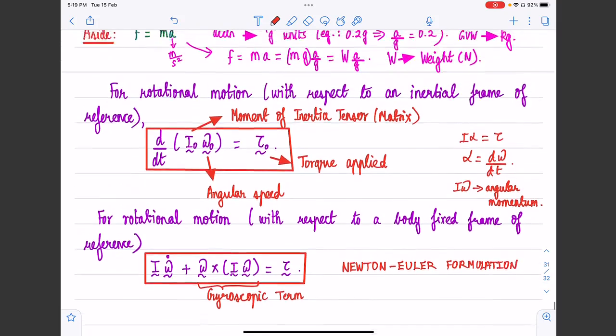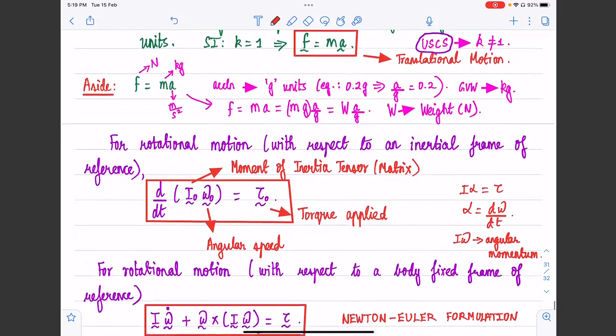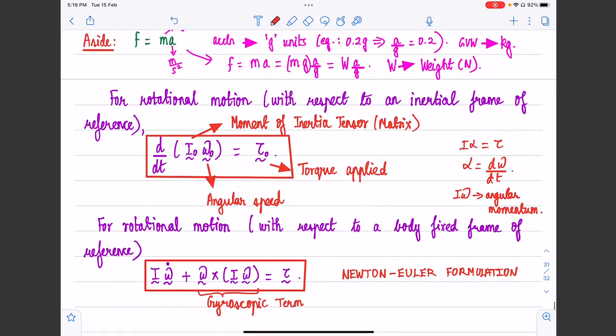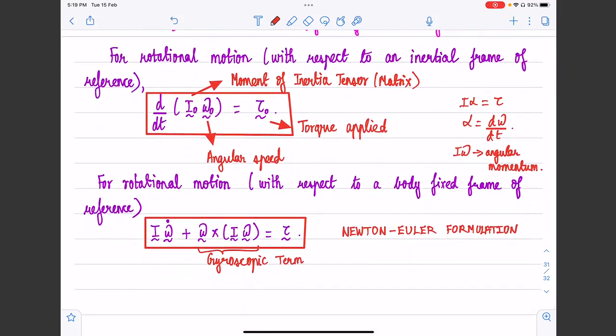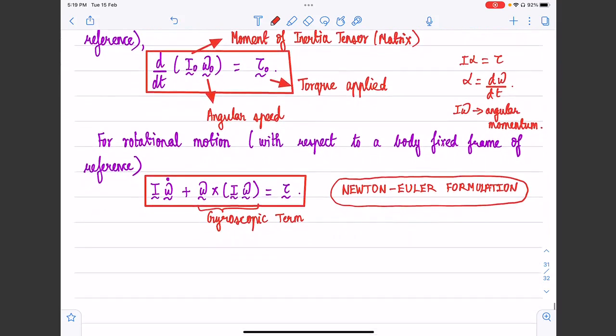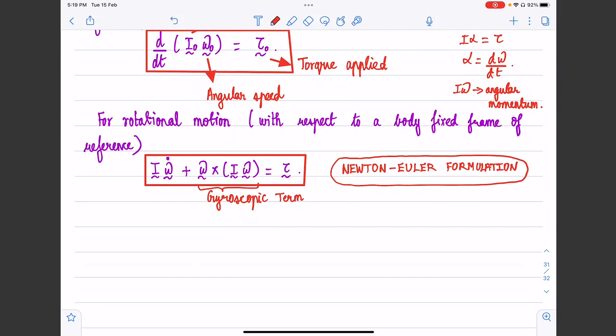So Newton-Euler formulation includes F equals ma, d by dt of I naught omega naught equals tau naught, and then I omega dot plus omega cross I omega equal to tau, right? All these constitute what is called a Newton-Euler formulation, which is one way of writing down the governing equations of motion when we consider rigid body mechanics.